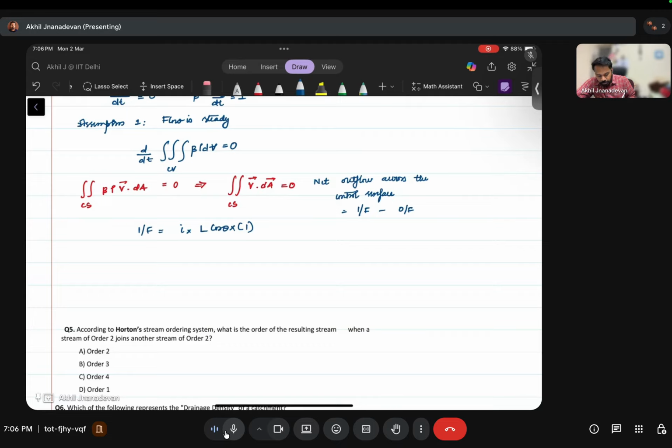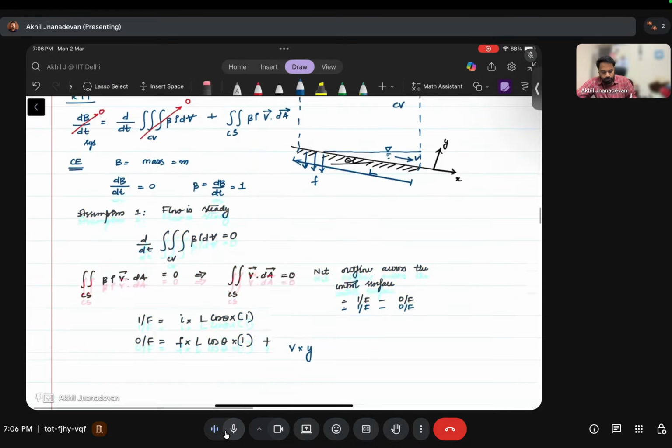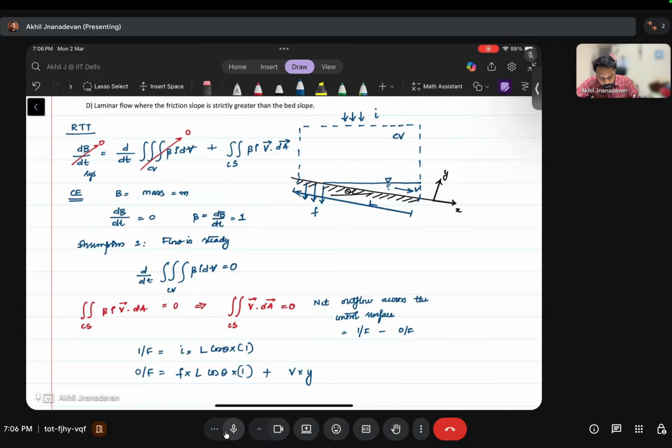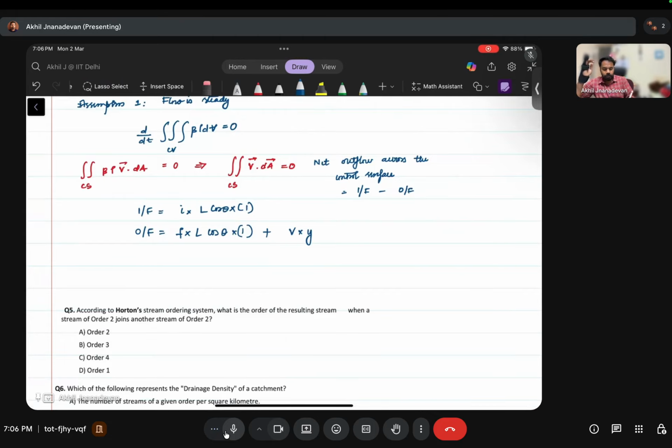And that is the inflow, and the outflow: there are two outflows. One is F L cos theta into 1, and we have the outflow of the overland flow. That is also an outflow from the system, right? So that velocity we have, and if we consider the depth of flow as y, so velocity into depth into the unit width will give us the outflow.